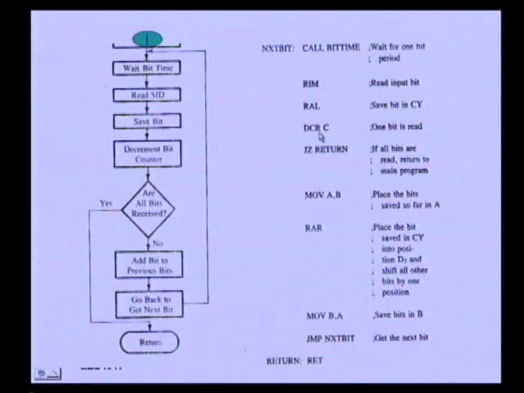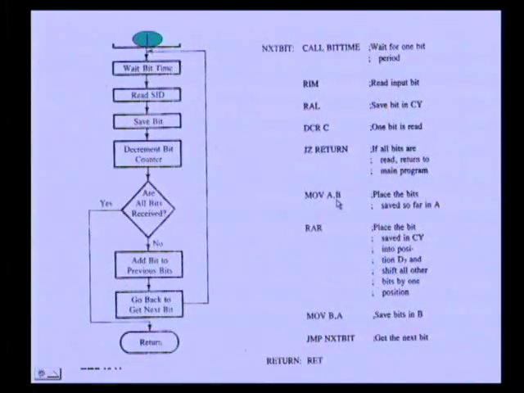If the count becomes 0, that is if all bits are received, then it will go to the next instruction. When the zero flag is set, that is when all bits are received, it will go to the last instruction, return.